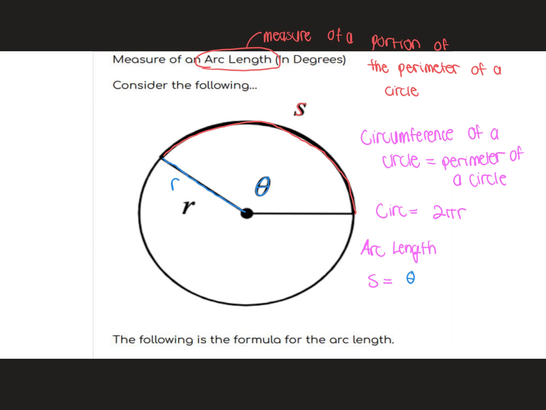So we can take theta over 360 degrees times 2 pi r. The 2 and the 360 degrees would divide out, and we'd have theta over 180 degrees times pi r.